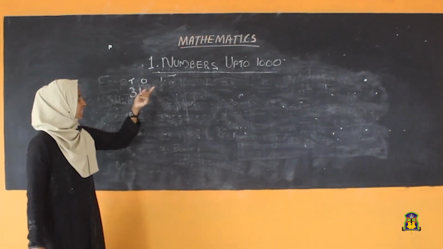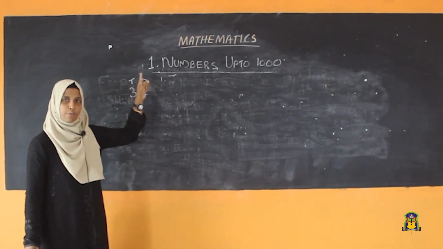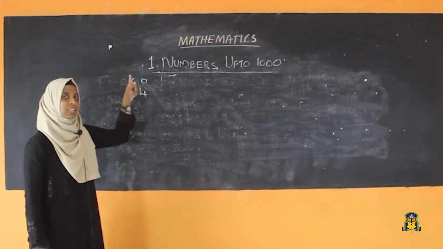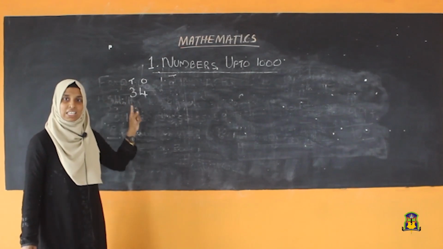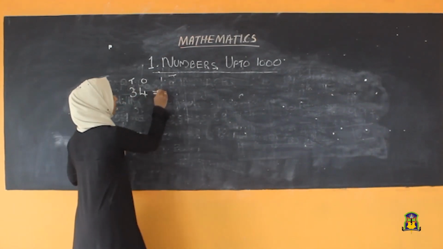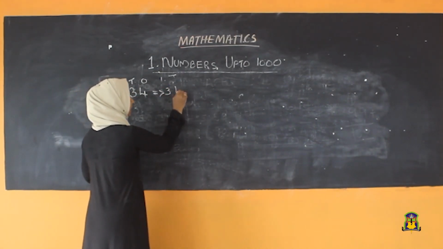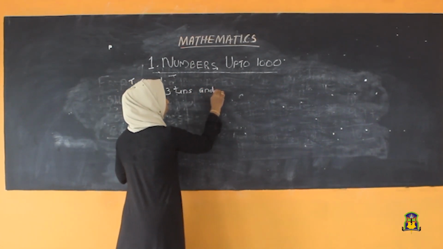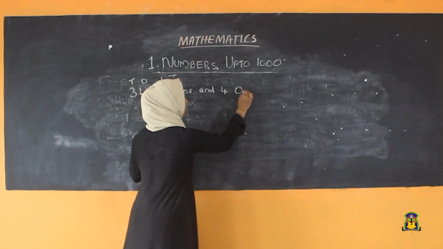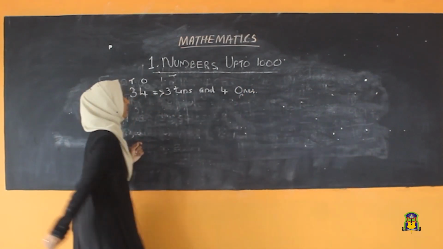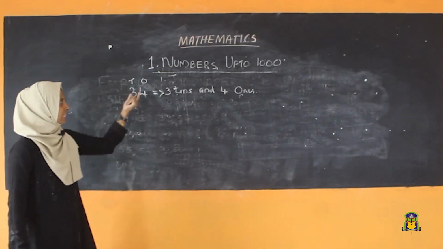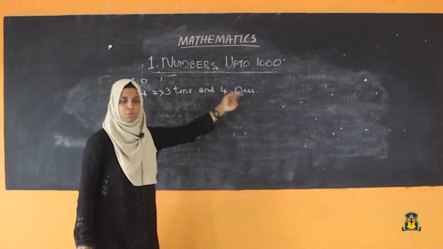So, 4 in the ones place means 4 ones, and 3 in the tens place means 3 tens. So here 3 tens and 4 ones. When a number is given, we can write it as 3 tens and 4 ones.